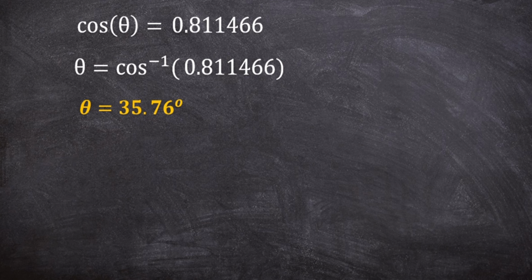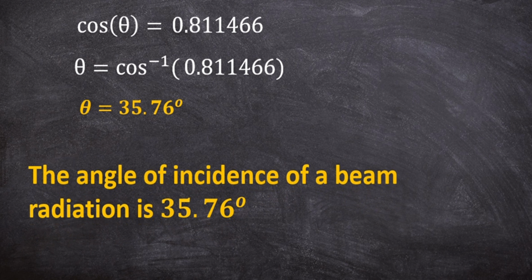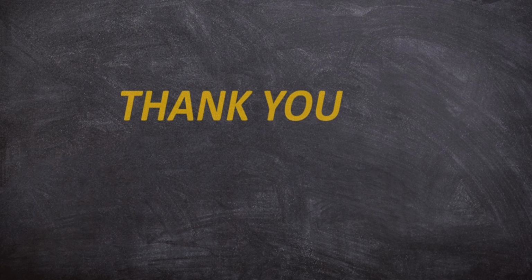So here we go. Our incident angle of a beam radiation is 35.76 degrees. So simple.